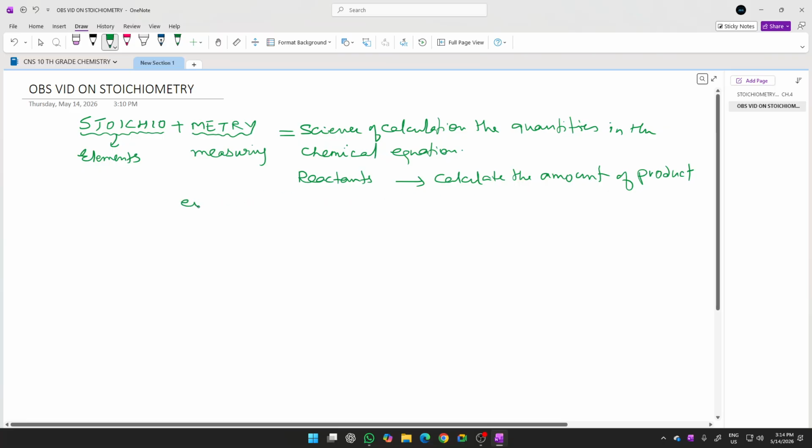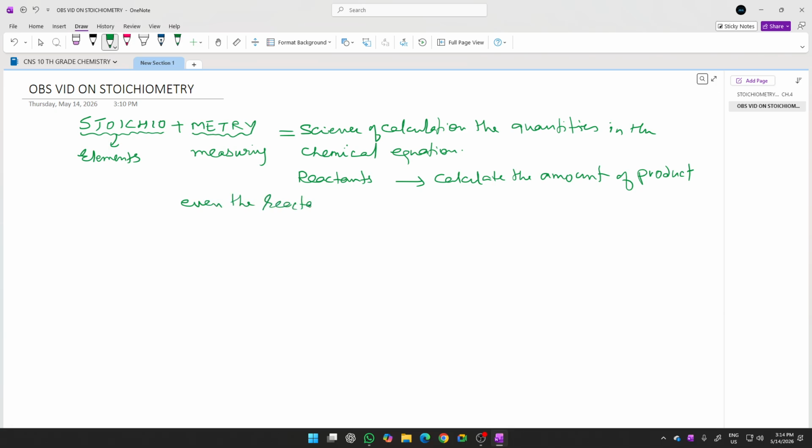Even the amount of reactant required can be predicted, to get a desired amount of product. This is basically what is known as stoichiometry.